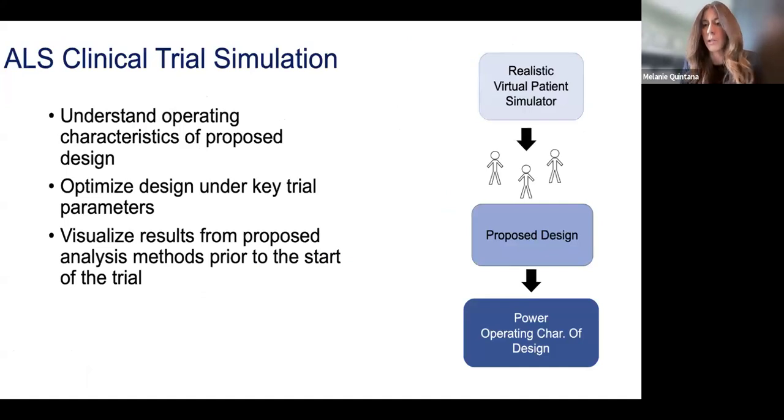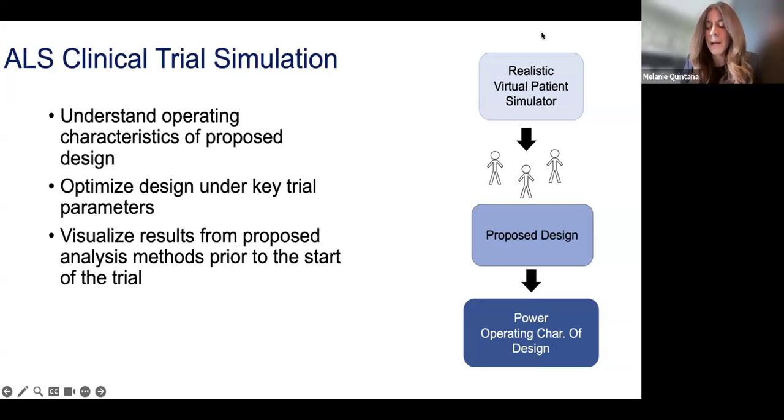Within clinical trial simulation, our goal is to simulate virtual patient level data. If we're designing a clinical trial where we're going to enroll 200 participants, we want to simulate what the data might look like for each individual participant.